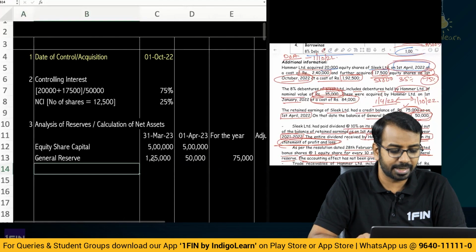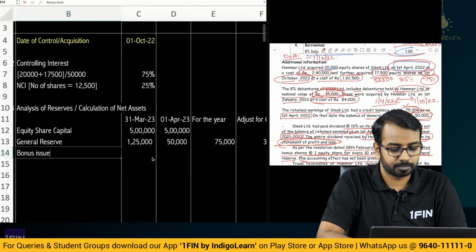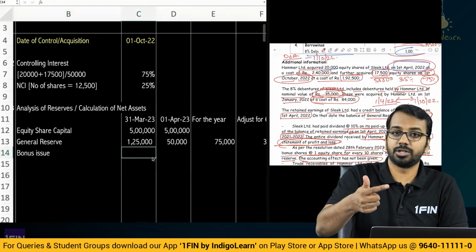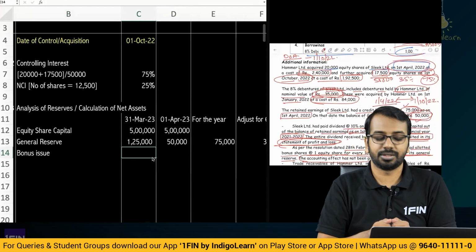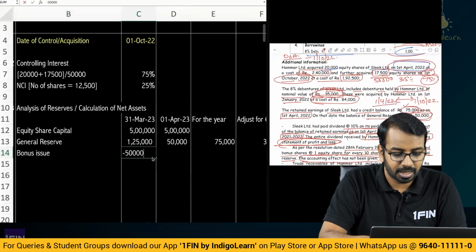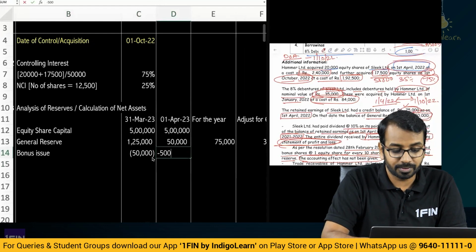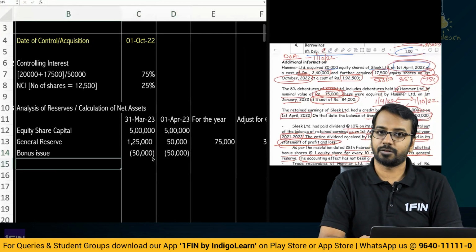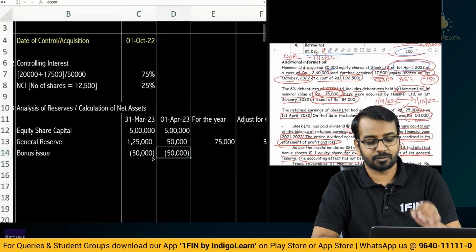So, then what is the adjustment? From general reserve, we have made a bonus issue, right? Now, when you make the bonus issue, you have not yet done the accounting entry, you have to reduce the balance of the general reserve. So, I will reduce 50,000 from the closing balance. Entire 50,000 I will adjust from the opening balance of 1st of April.